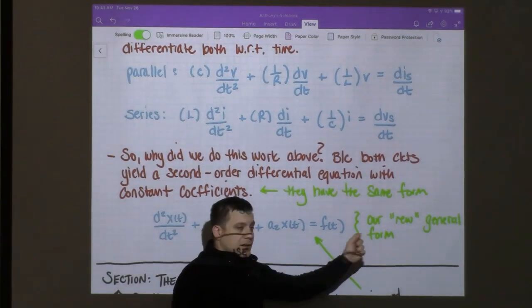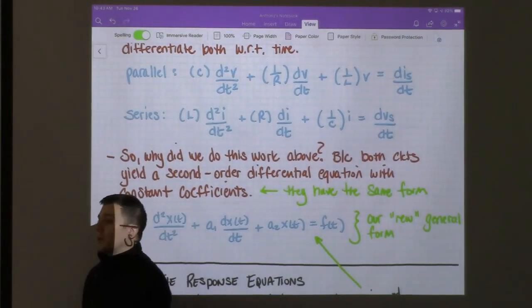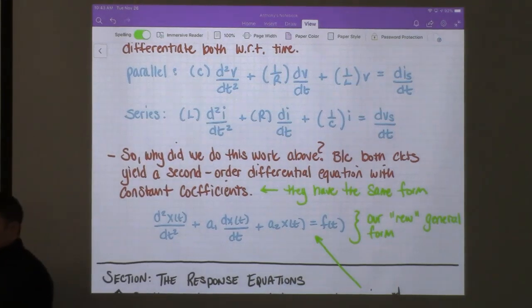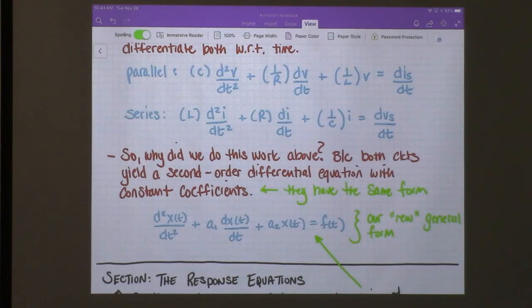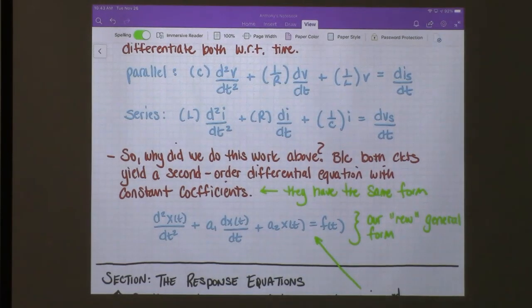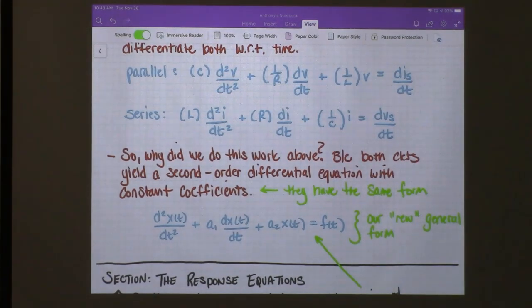And so this is going to be the general form that we're going to use for second order differential equations, just like how we had the other form as a general form for solving first order differential equations.